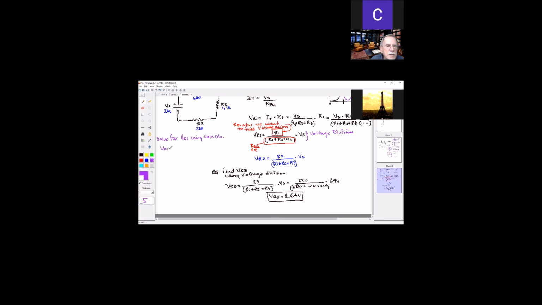Let's take a look at it and see how you made out. V sub R1, if we're using voltage division, in the numerator, in the top, we put the resistor we're trying to find the voltage across, that's R1.